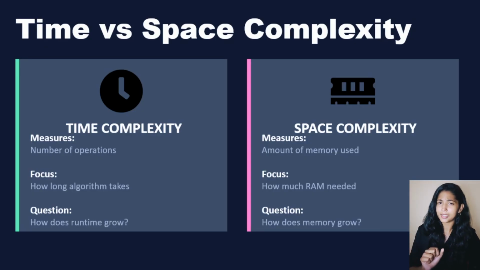But space complexity is different. It measures the amount of memory used and is concerned with how much RAM the algorithm needs, asking how does memory usage grow with input size.